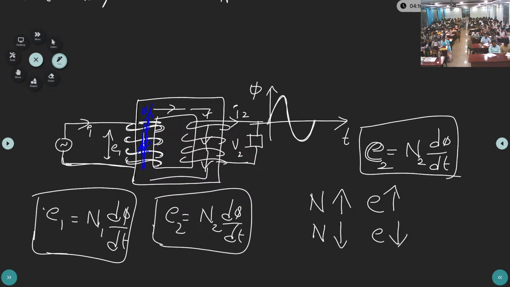But what is common? Flux is common, φ. Now we will derive the EMF equation of the transformer, and we will do a few problems and we will conclude.